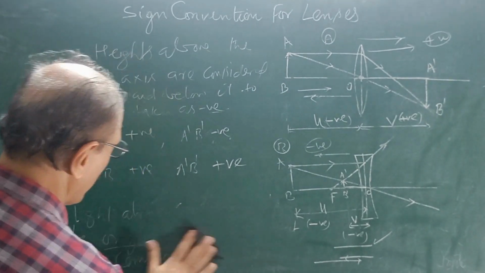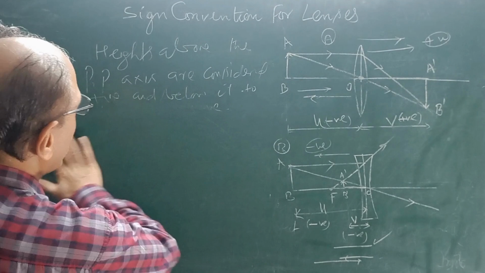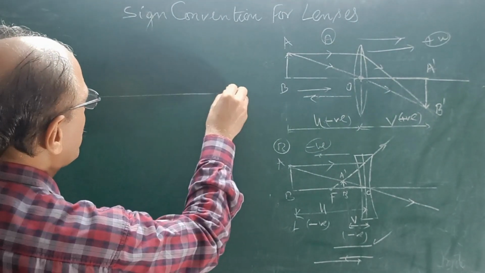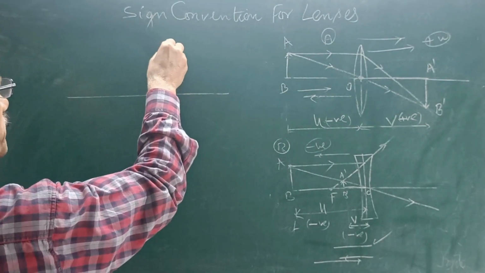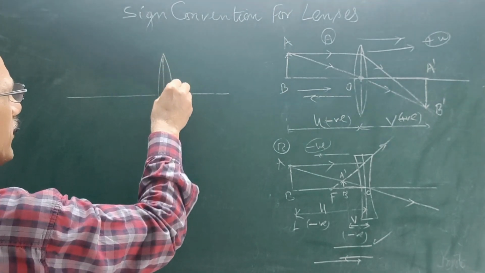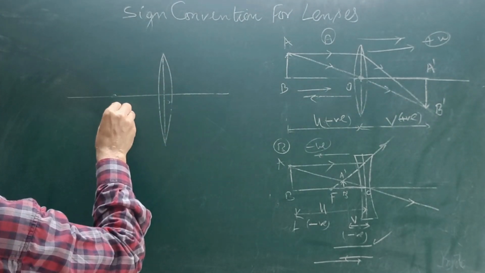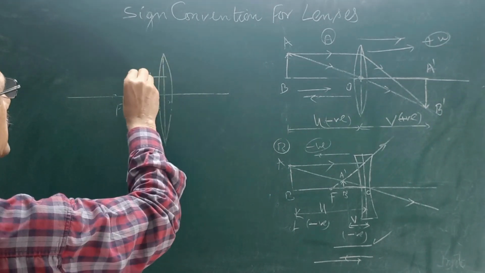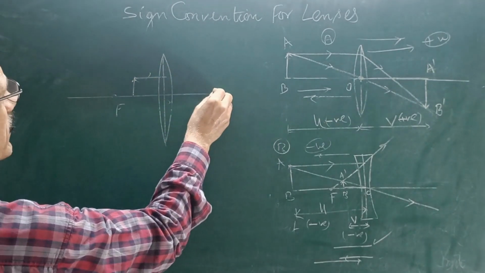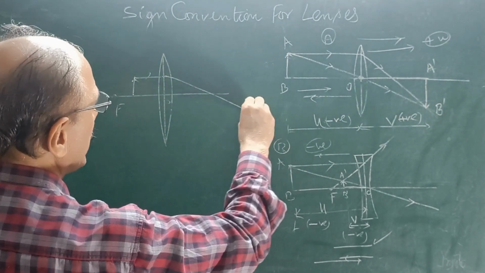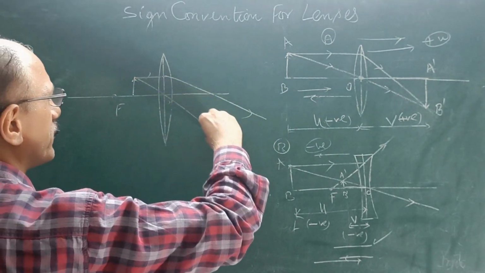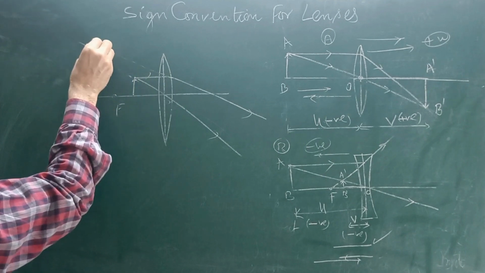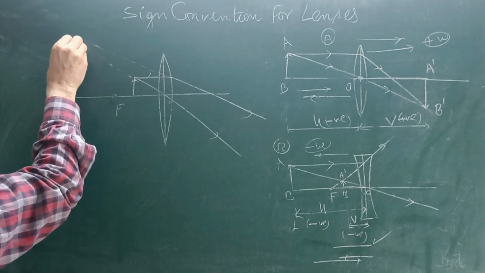We can take one more example of convex lens, when the object is placed between optical center and focus. If the object is placed like this, the incident ray is like this, and the focus is here. The ray will move this way, and the image is formed here.